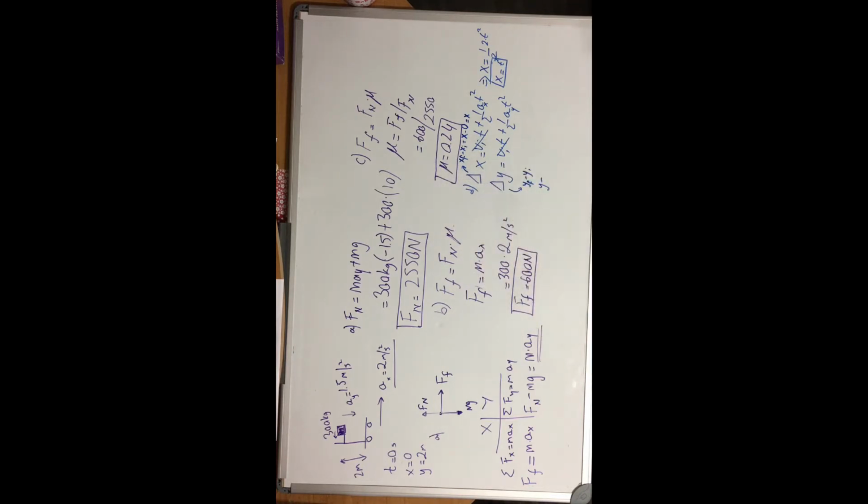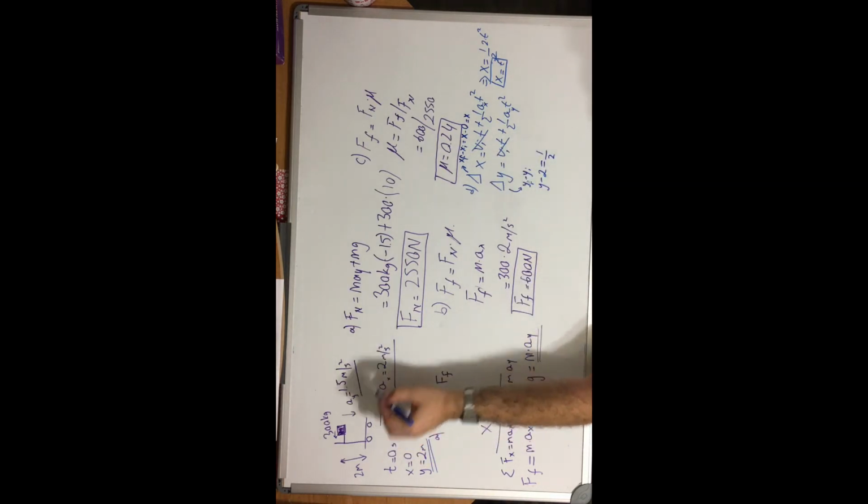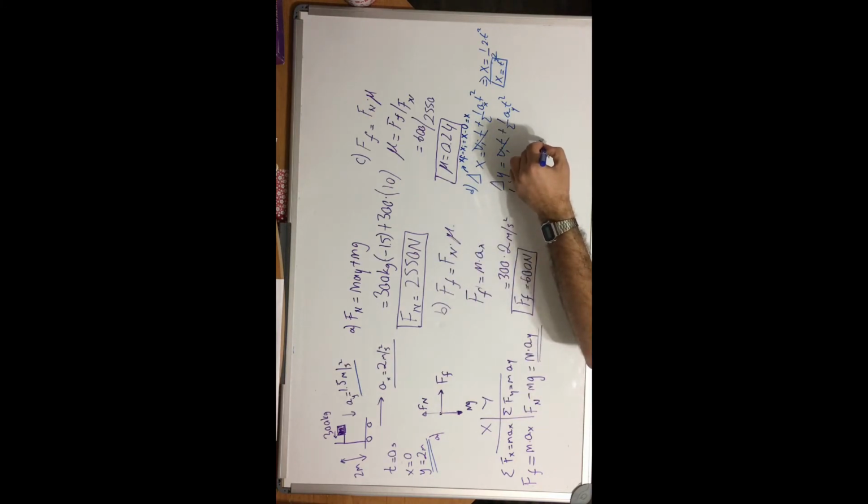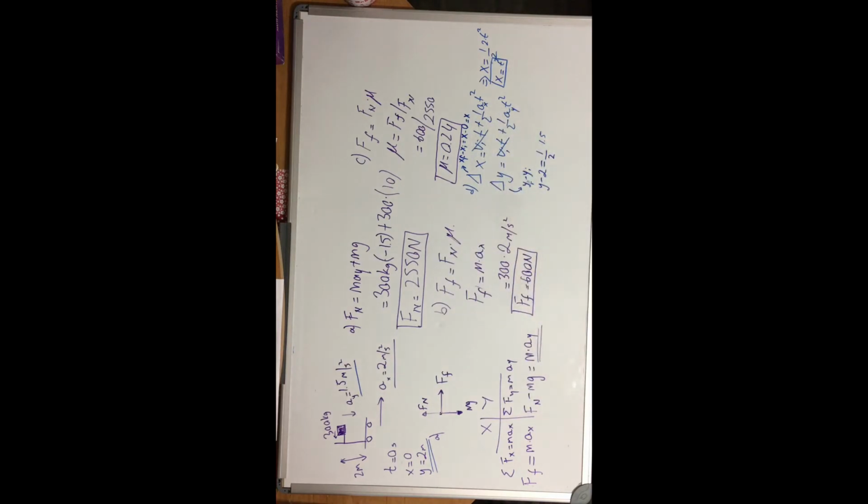But my initial condition for that is not 0. My initial location for the distance on the y is 2. So my delta y is going to be y minus 2. My initial velocity is 0, so that will become 1/2 a_y t squared. What's my acceleration on the y-axis? It is 1.5, and then t squared.